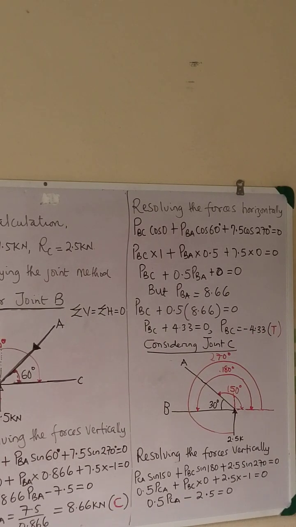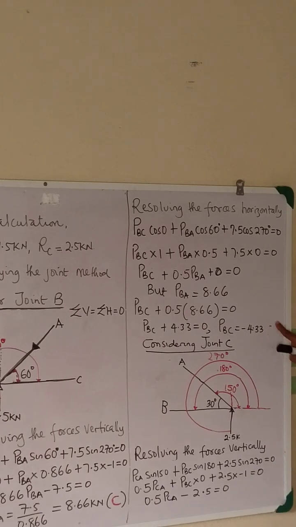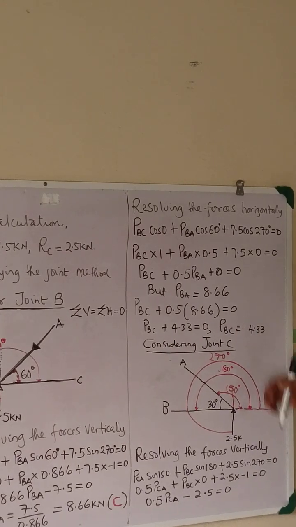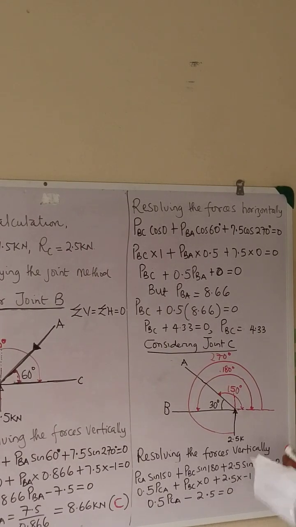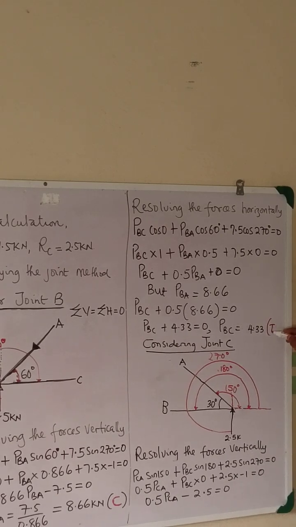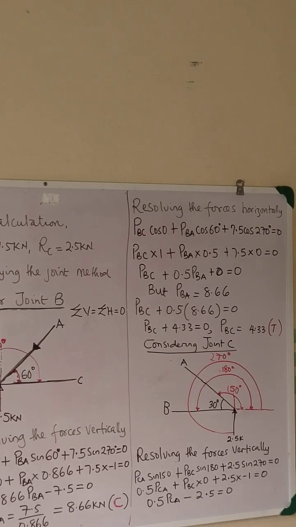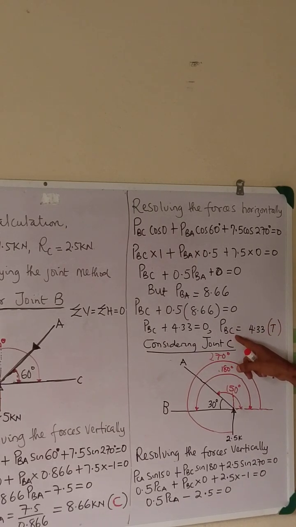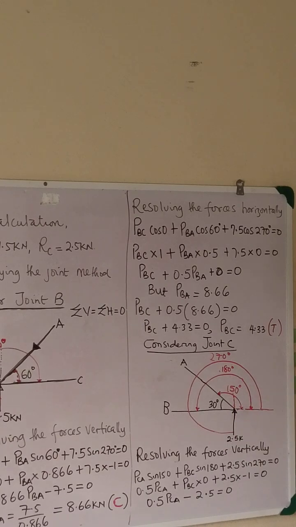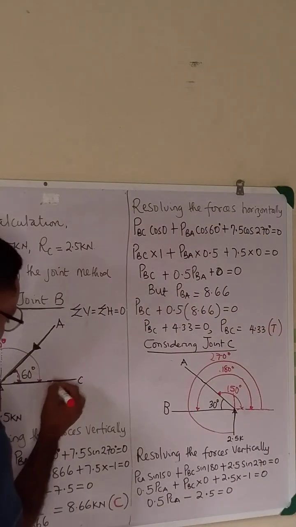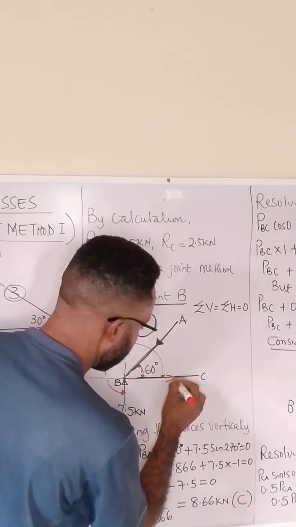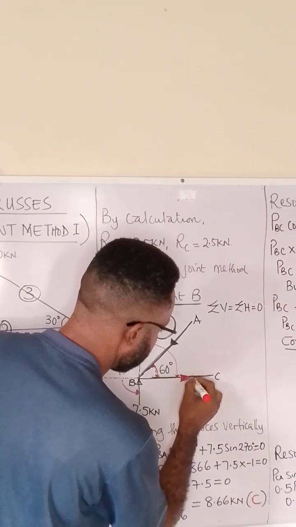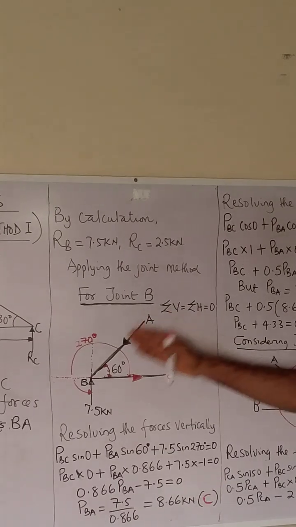So it is either you leave it at minus 4.33 or you remove the minus and indicate that it is tension. Once you write tension, anybody looking at it will understand that it was actually negative. And so we've gotten PBC, the force in BC, and since it is tension, this is how your arrow will be. So you now include this arrow here. It is now tension. So we are done with joint B.